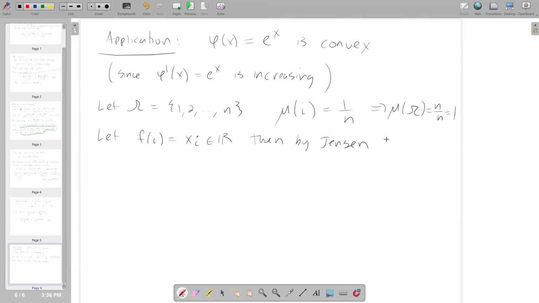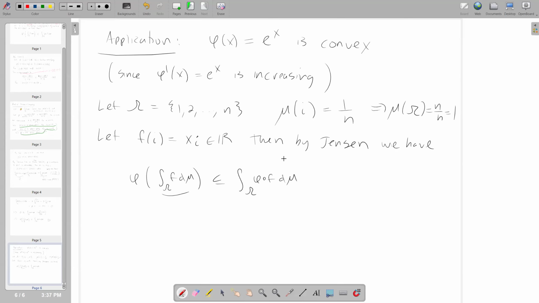So then we have the integral. So this is phi of the integral over omega of f d mu is less than or equal to the integral over omega of phi composed with f d mu. Unraveling what this all means in this context, this is just the average of these values.